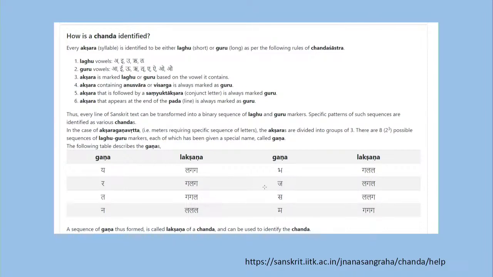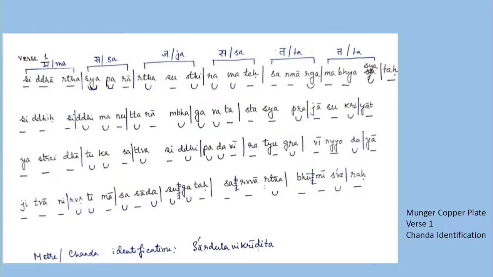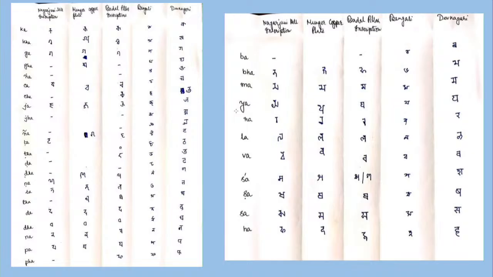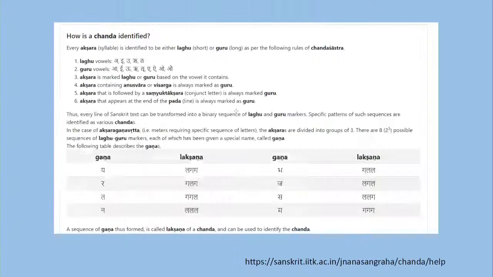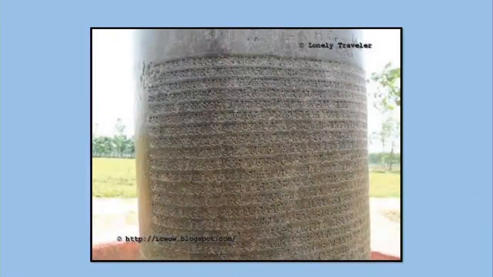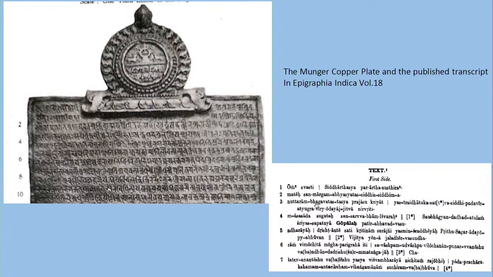Now, how to identify meters or Sanskrit chandas? Now, I have written for you the Shardula Vikririta Chanda. This is also the very introductory verse of the Munger copper plate of Devapala. As I have already shown you, this begins with Siddharthasya.